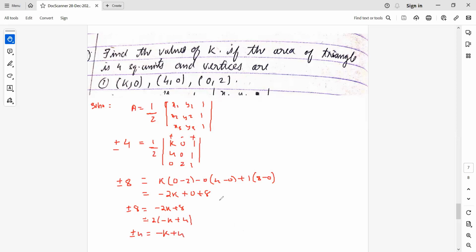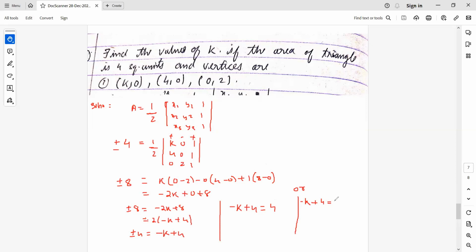So what we need to do to find the values of k, once you have to take minus k plus 4 is equal to positive 4, and once we need to take minus k plus 4 is equal to minus 4. So once you take the positive value, and once we will be taking the negative value.